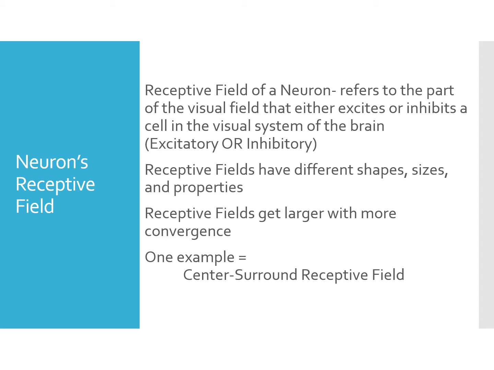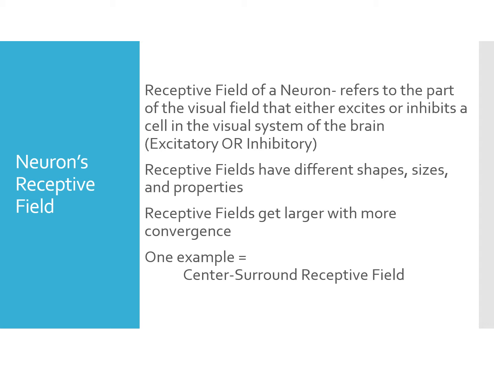And just note that whether I'm having an excitatory effect or an inhibitory effect, if I'm influencing a neuron, I'm part of that neuron's receptive field, where really what we're talking about is the visual field, so the receptors that are responding to some part of the visual field, and then communicating on to neurons.